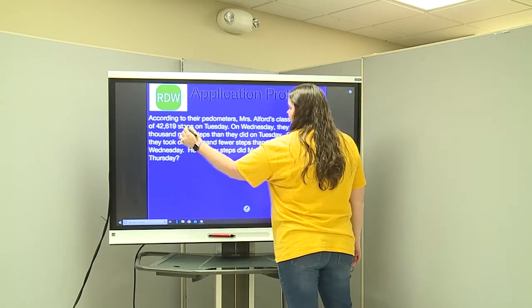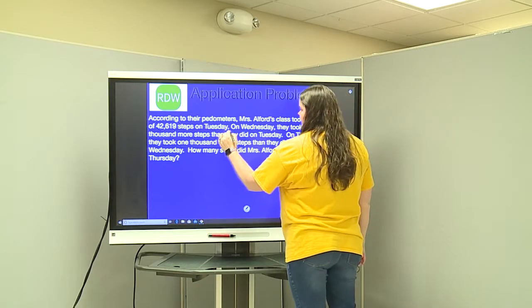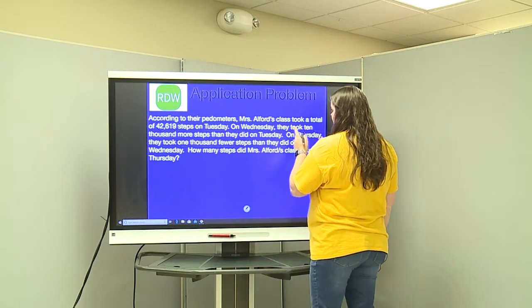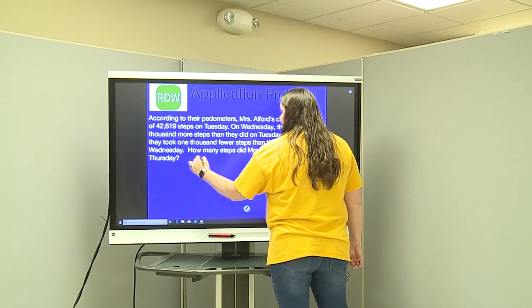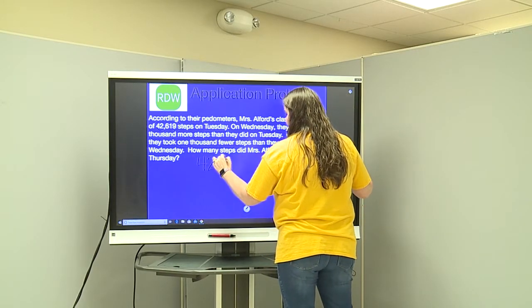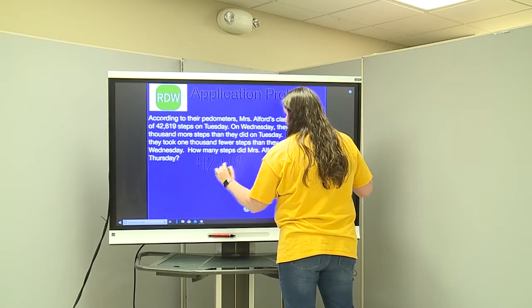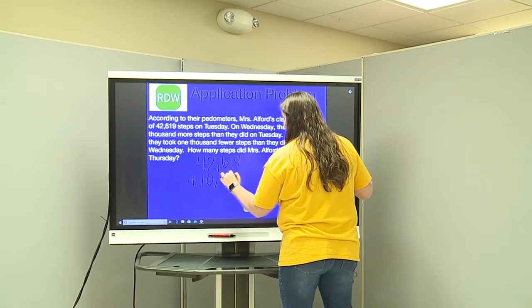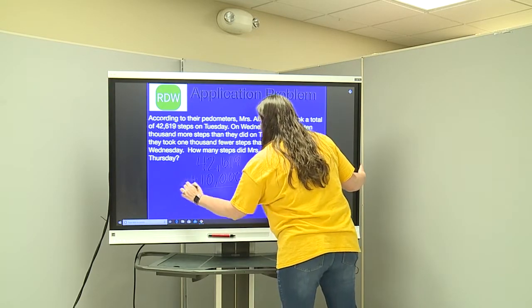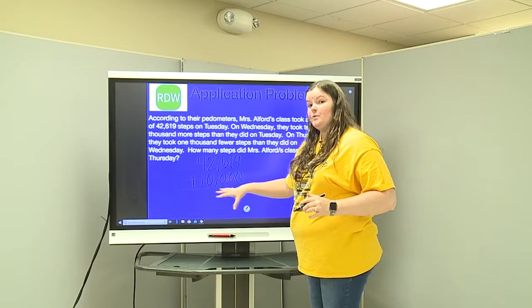So let's start here. We've got 42,619 steps on Tuesday. On Wednesday, they took 10,000 more. So if we start here, 42,619 plus 10,000 more. This is going to tell us our total steps for Wednesday.